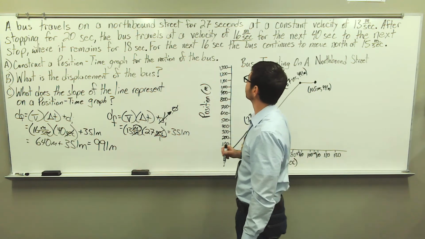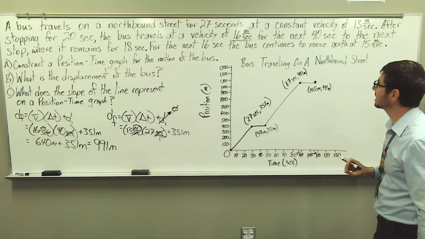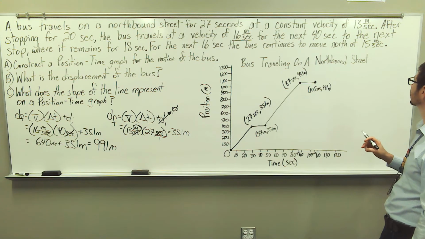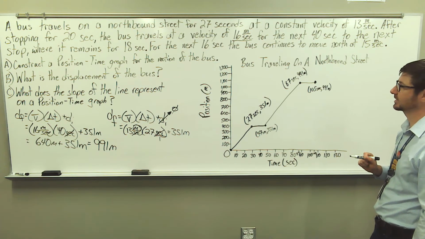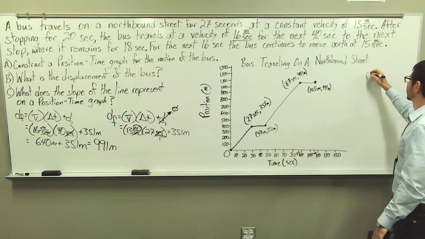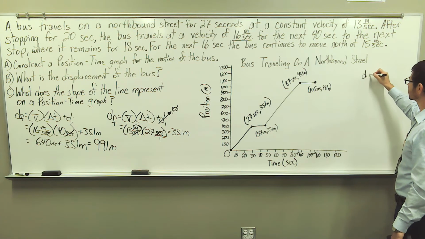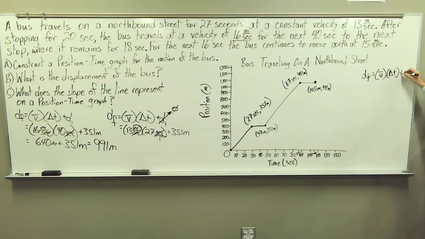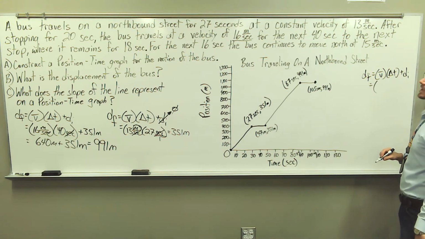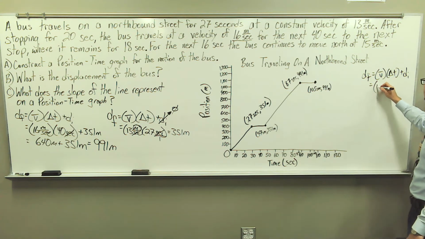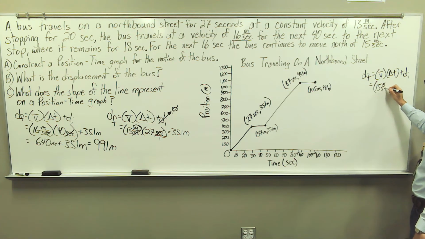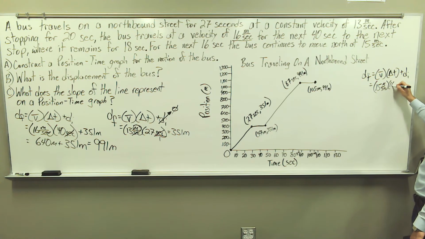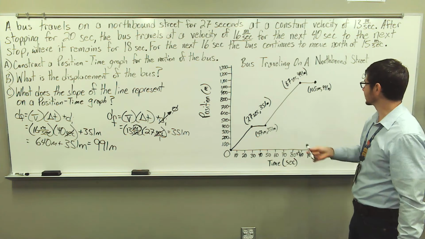Okay, then it says for the next 16 seconds, the bus continues to move north at 15 meters per second. Okay, so d sub f, our final displacement, is equal to v bar delta t plus d sub i. So our velocity is 15 meters per second times 16 seconds plus the initial displacement with respect to the origin.